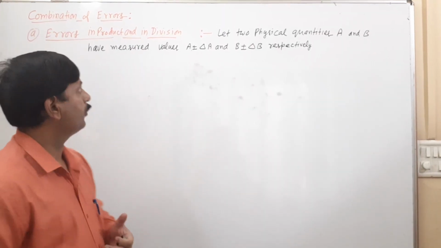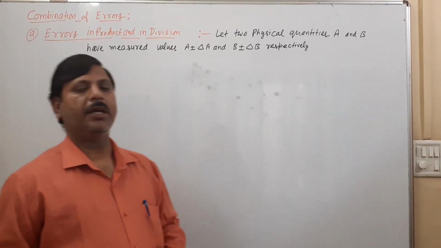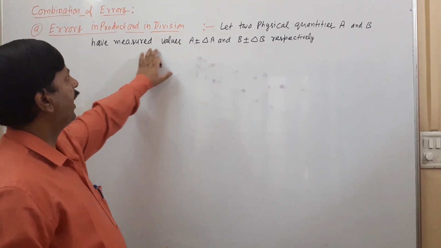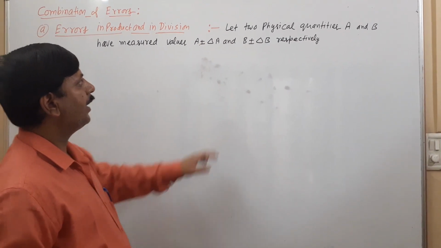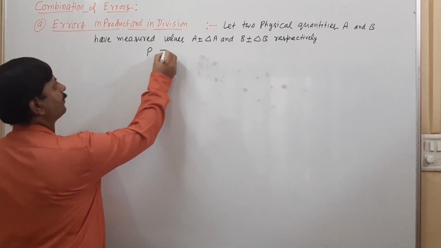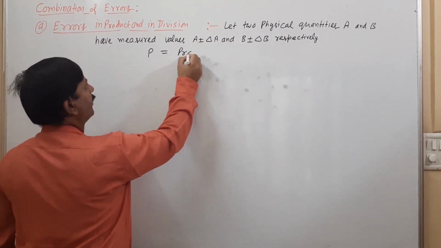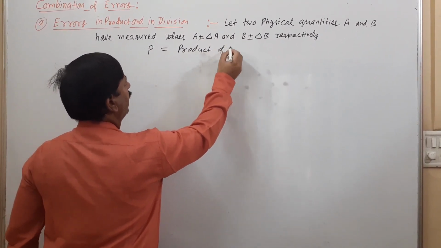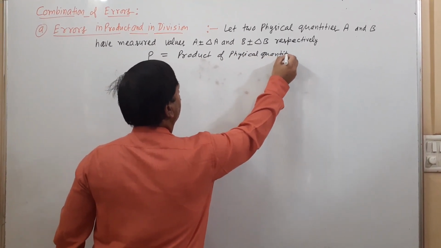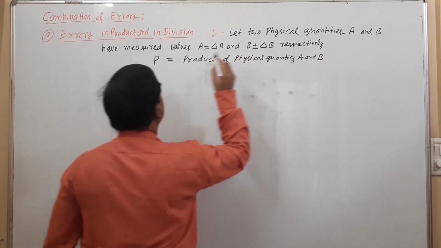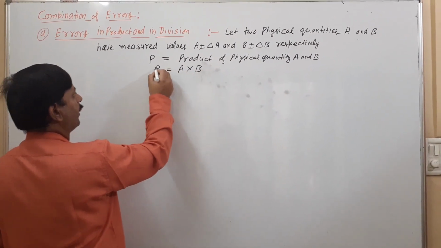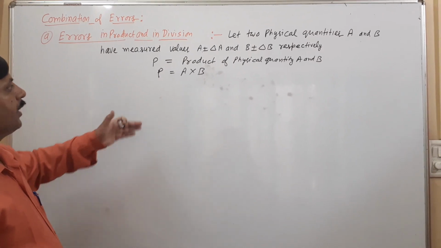Now we are going to consider the errors in product and errors in division. Let two physical quantities A and B have measured values A plus minus del A and B plus minus del B. Suppose any physical quantity P is the product of physical quantities A and B, that is P is equal to A into B. See here, what will be the error?